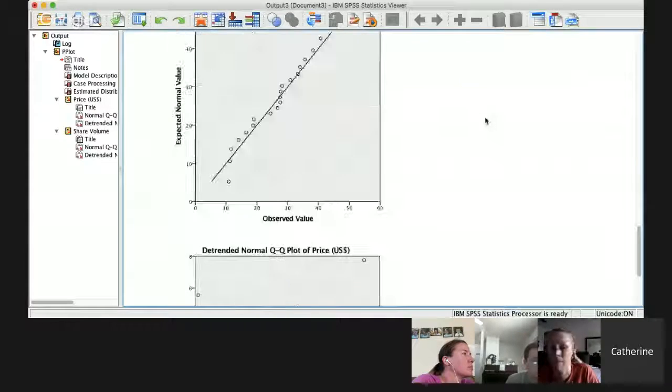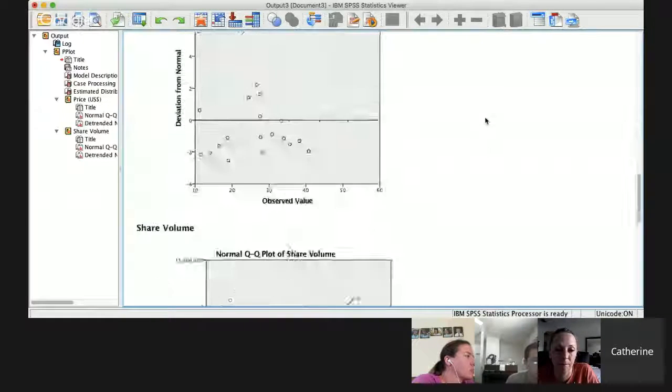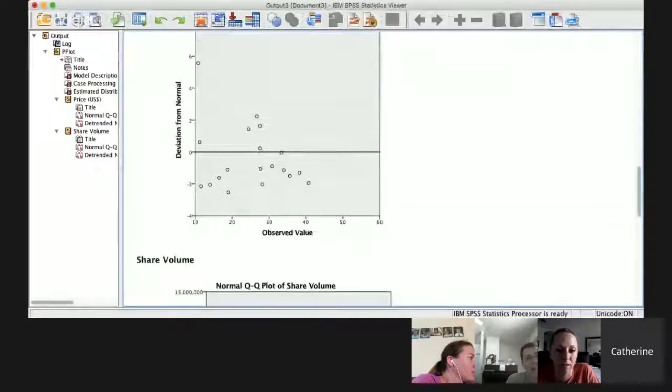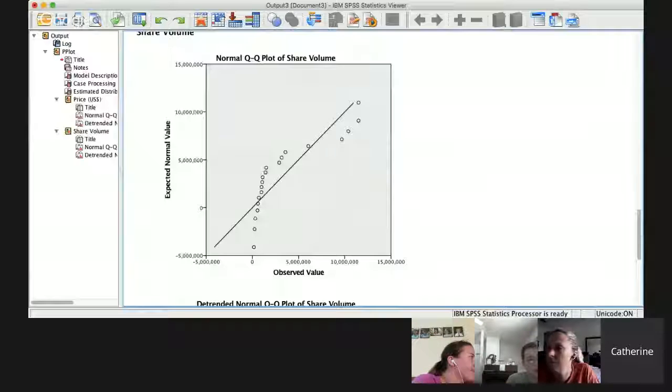Okay, so these are the plots. We need to see the price and the share volume ones. Price, observed value, and share volume. Which of the following statements is most correct?